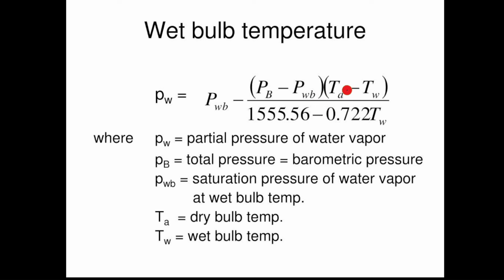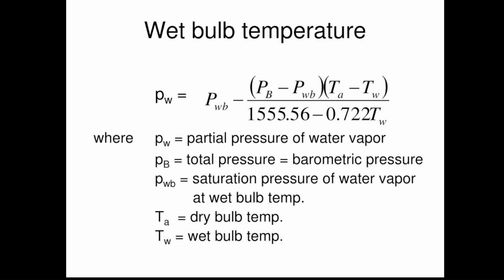This is multiplied by the dry bulb temperature minus the wet bulb temperature, divided by 1555.56 minus 0.722 times the wet bulb temperature. So it's kind of a confusing formula, but it's actually pretty interesting.